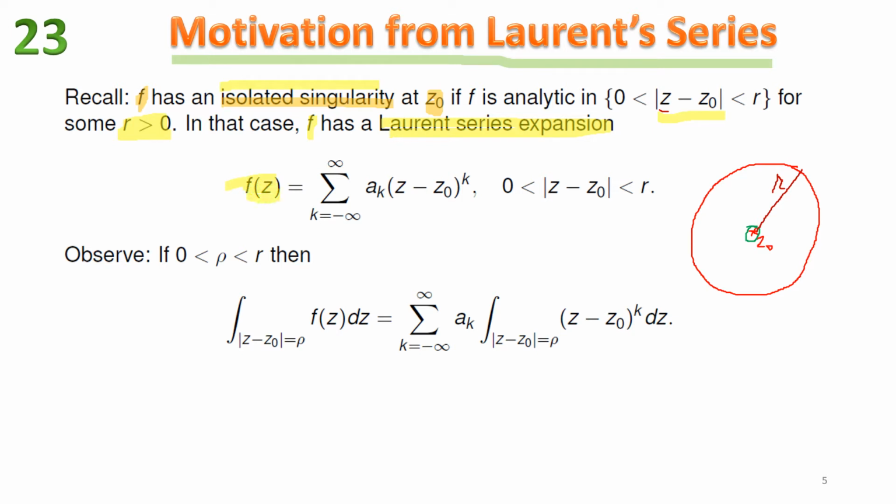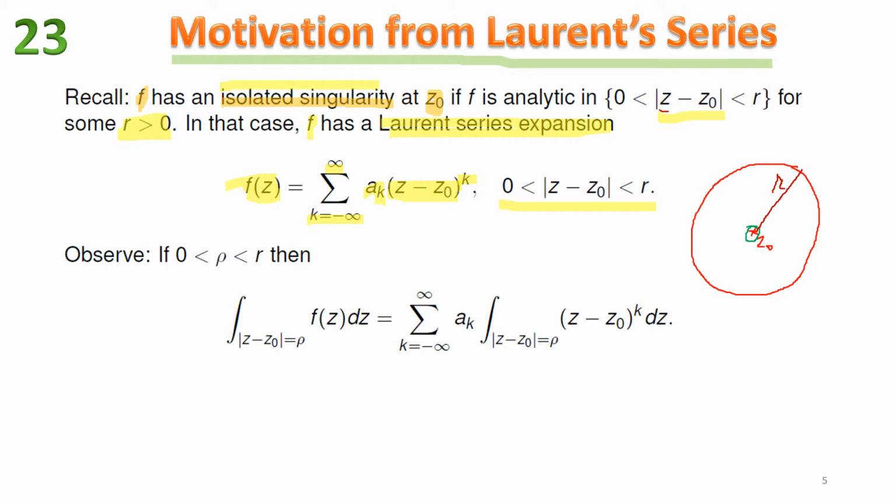We have done this in the earlier lecture number 22. So this is equal to coefficients ak times z minus z0 to the power k, and the k factor is running from minus infinity to plus infinity. So this is valid for the punctured disk, which is described by 0 less than mod of z minus z0 less than r.